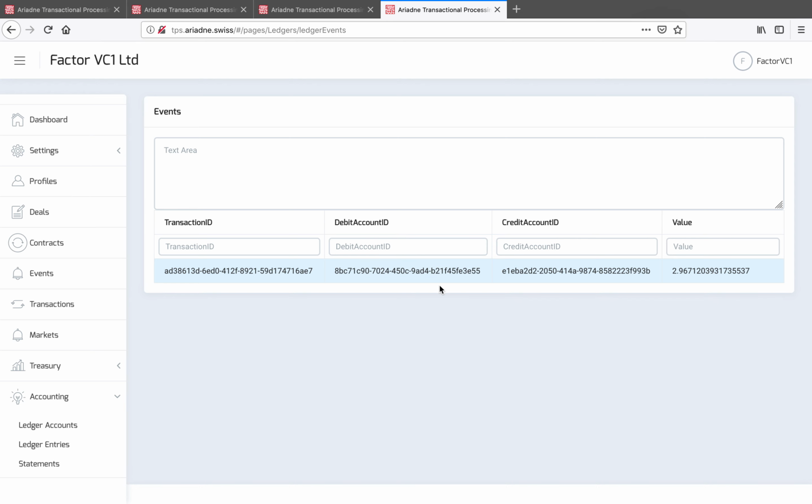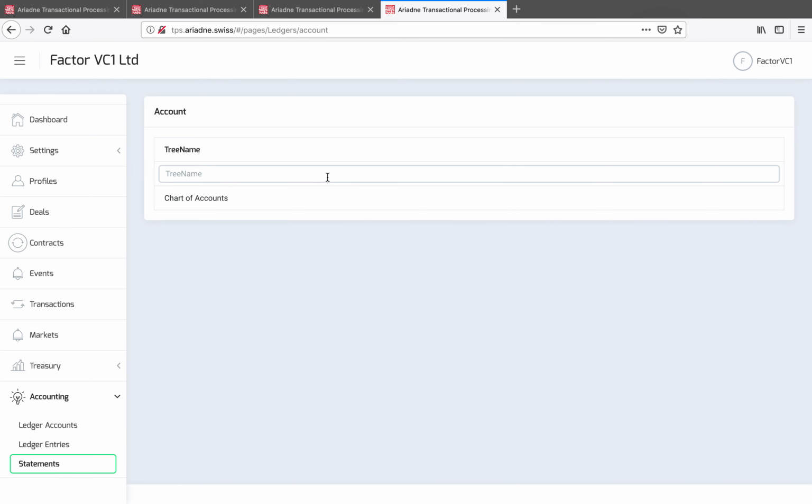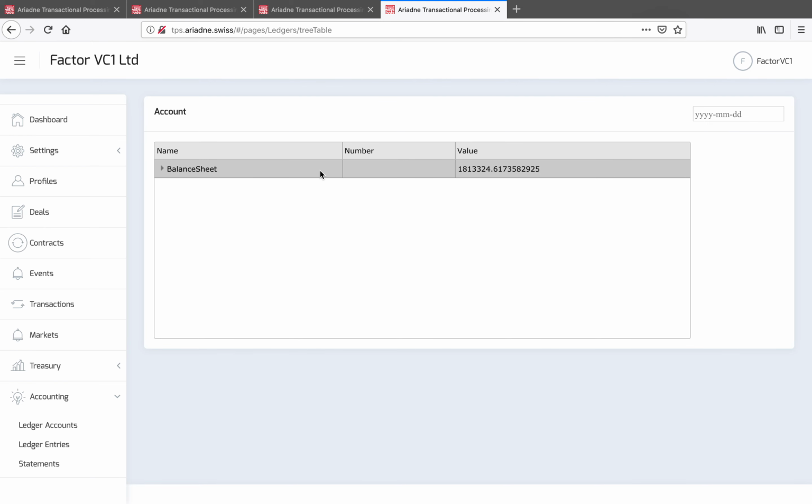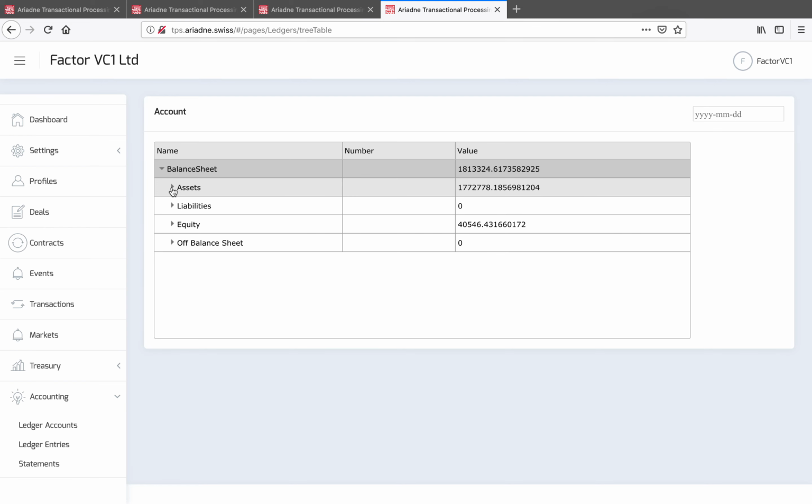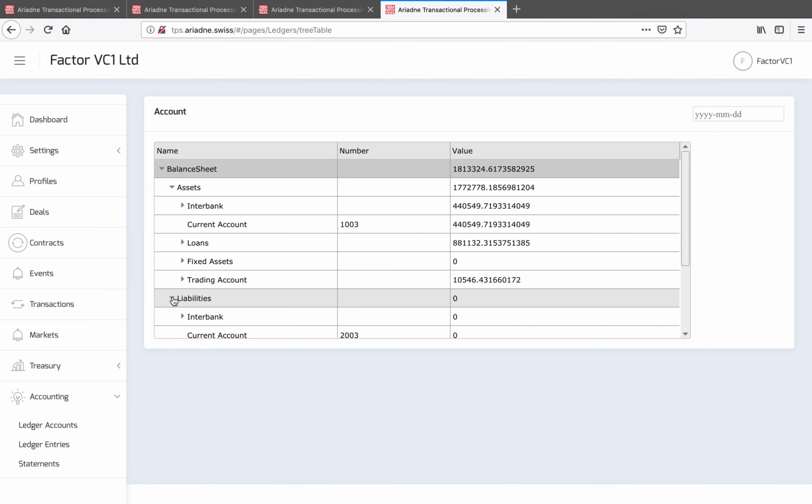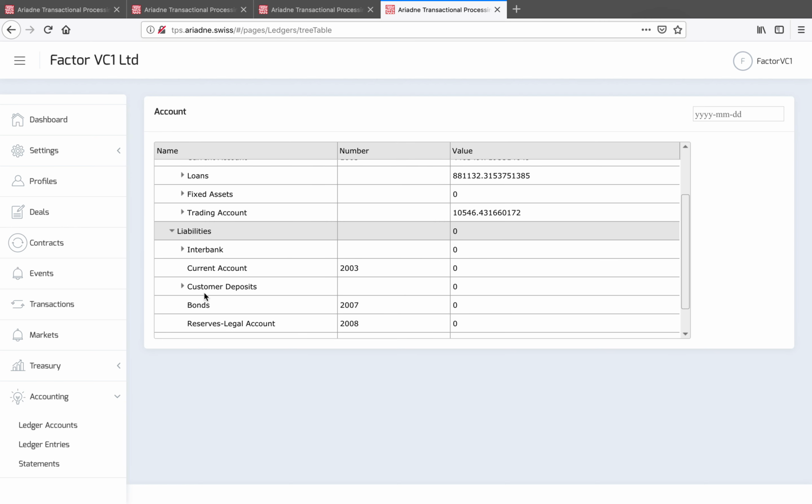Here is the credit account ID. Here is the debit account ID for the transaction that has been executed. In the case of Danske Bank, a balance sheet statement and a profit and loss can be generated for any required day.